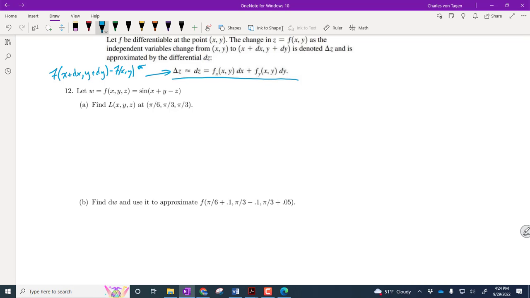Kind of looks like the plane. It looks like the equation of the tangent plane, except it's missing the plus the original f of xy. Why? Because if I'm looking for the change from where I started to where I ended up, this would have a plus f of xy, and we would subtract an f of xy from it.